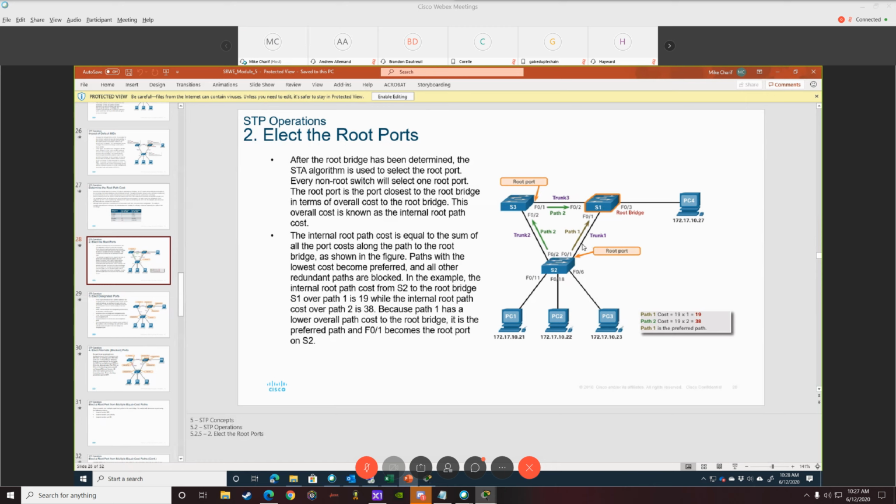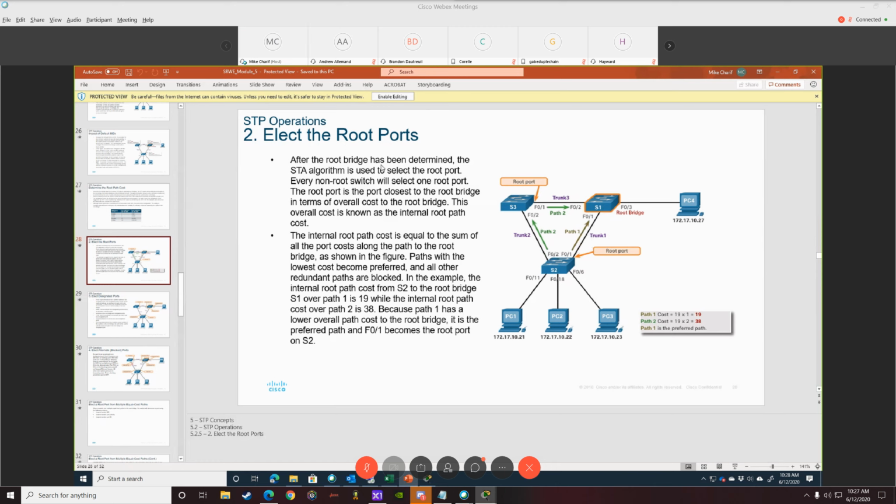Now, if this link between this one and this one is slow, let's say 4K, and this is a 10 gig, then we're going to block it here and go this way. So this is where the speed plays a role. Where are we going to block it?